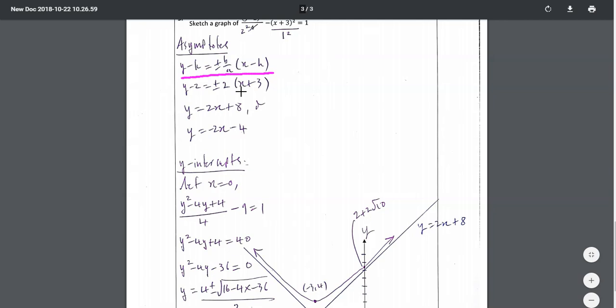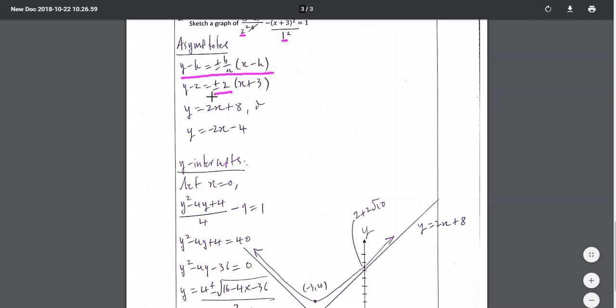Now b over a, our b is the square root of whatever is under the y squared term, so 2, and the square root of whatever is under the x squared term is our a, and the square root of 1 squared is obviously 1. So plus or minus 2 over 1 is just plus or minus 2.